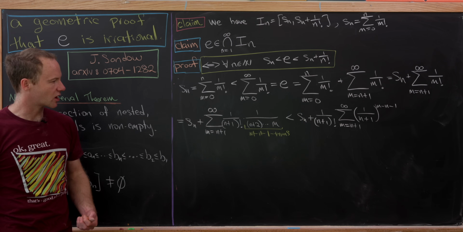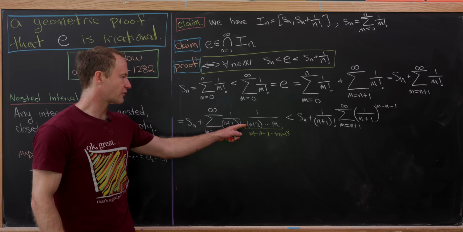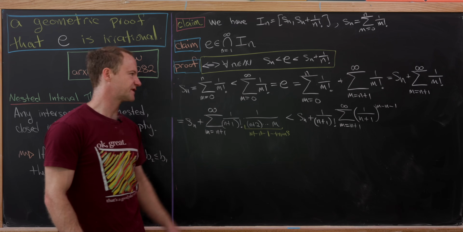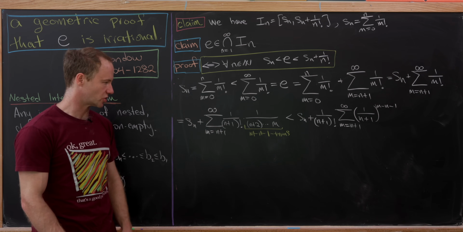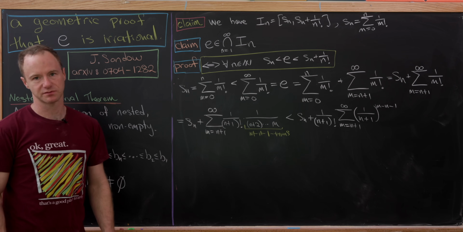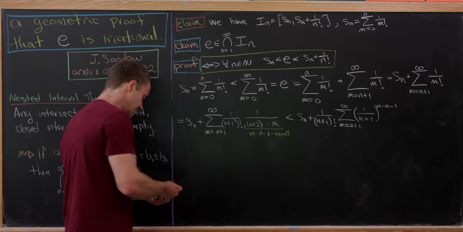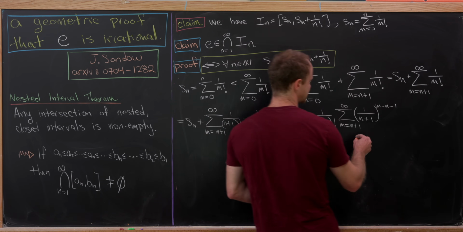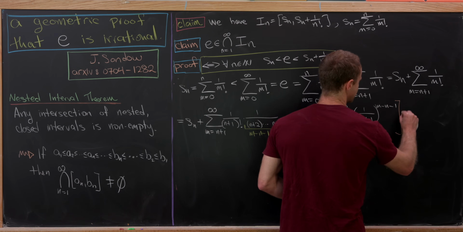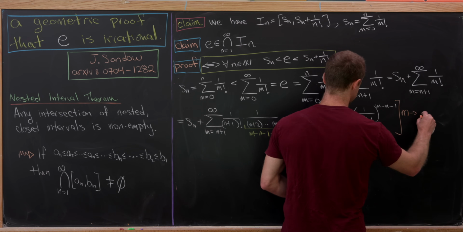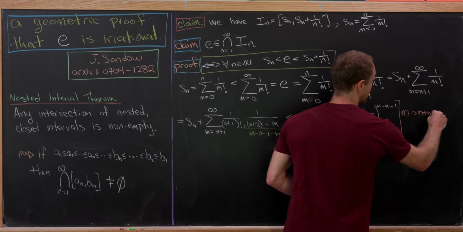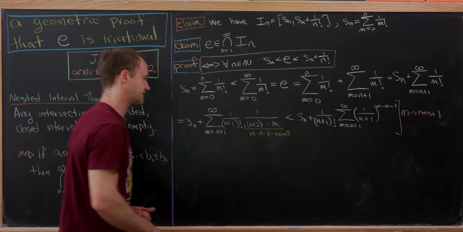Let's talk our way through that. I replaced every one of these terms with something larger. n plus 1 is larger, but that makes the whole thing smaller. Okay, good. Next up, we can do a change of index here. I don't think we really need to, but we can replace all of the m's here with m plus n plus 1 and make that look a little bit nicer.